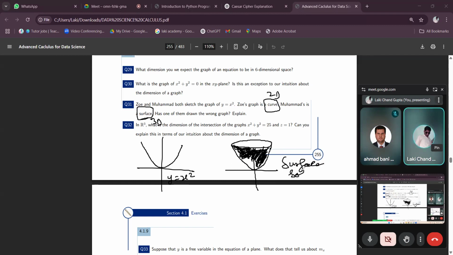Surface means solid space, that's why it becomes 3D. And one is a curve. Curve means what? 2D. Just draw it in this way only. Understood?